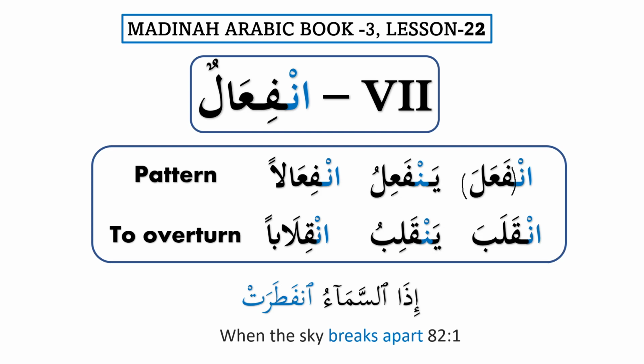Allah subhanahu wa ta'ala is letting us know that this is something that will happen. However, it will happen bi amrillahi ta'ala. It will happen with the command of Allah subhanahu wa ta'ala, right? The sky will not break apart by itself. It will break apart with the command and the permission of Allah subhanahu wa ta'ala.